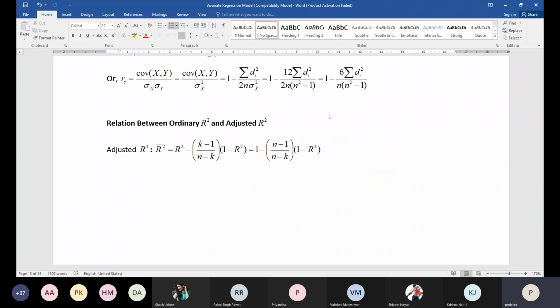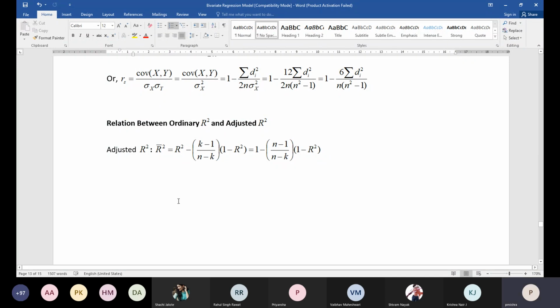Now adjusted R square can be linked with ordinary R square in this fashion. You see this is R square minus this, and you can say this is some kind of penalty. And this penalty increases as you add more and more variables into the regression model. How?